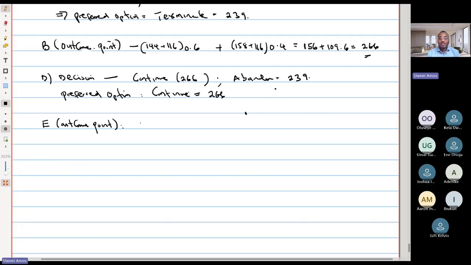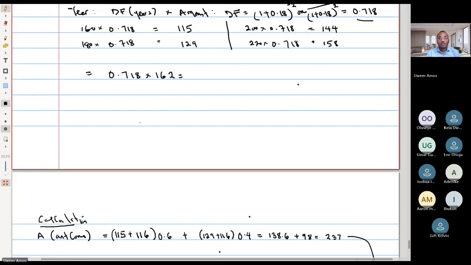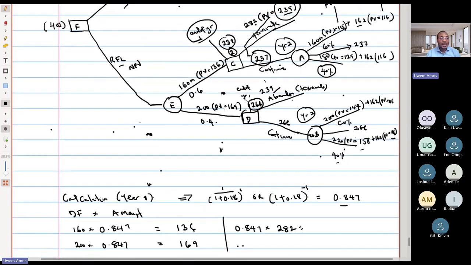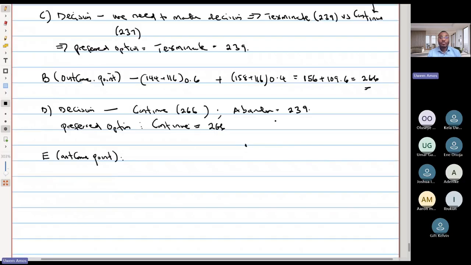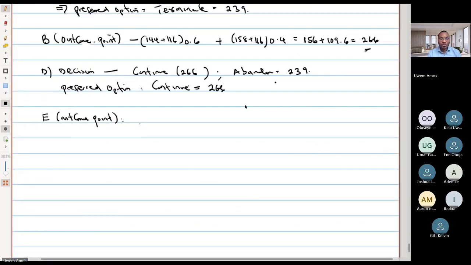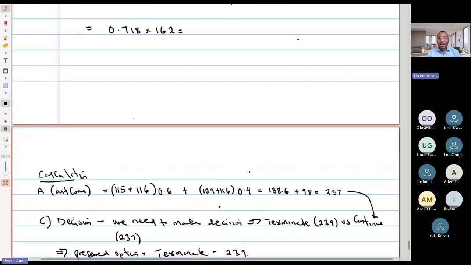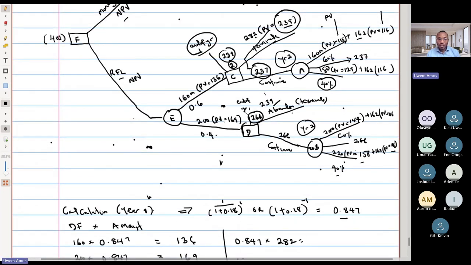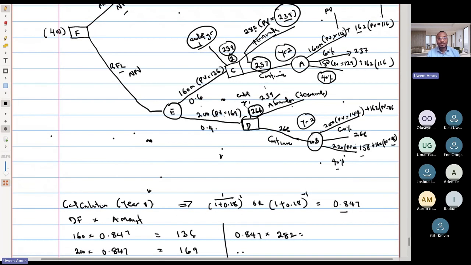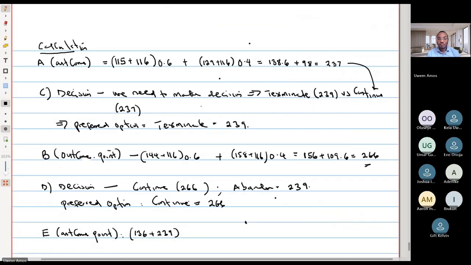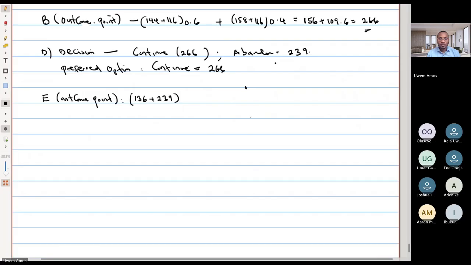What is the probability on that upper line? The probability on this upper line is 0.6. Multiplied by 0.6. Plus, let's look at the line below it.